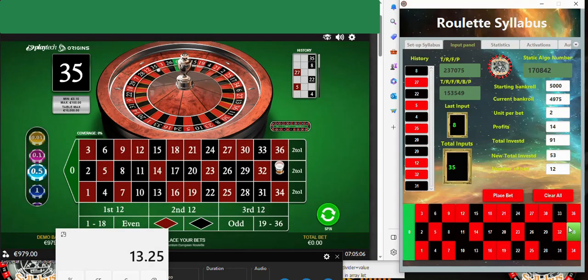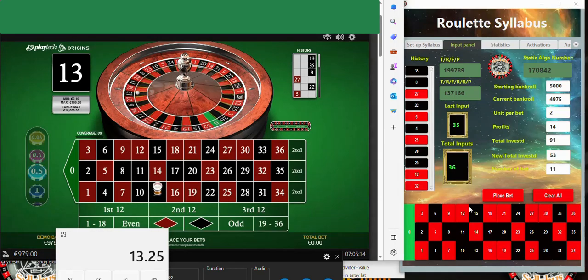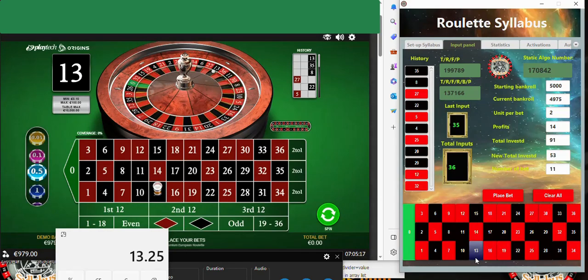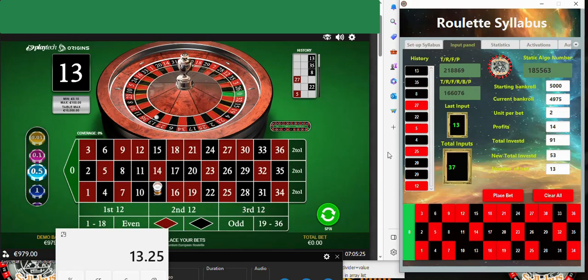Actually, if I wanted to divide the new total invested by 3, then it was going to be a higher bet when I arrived there. But since I divided by 4, it's okay.